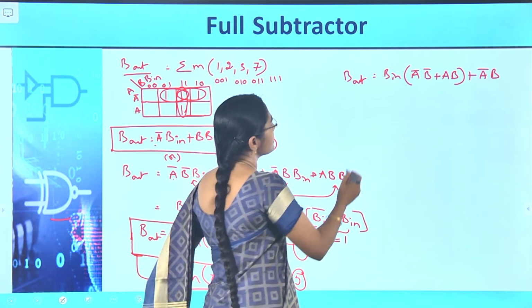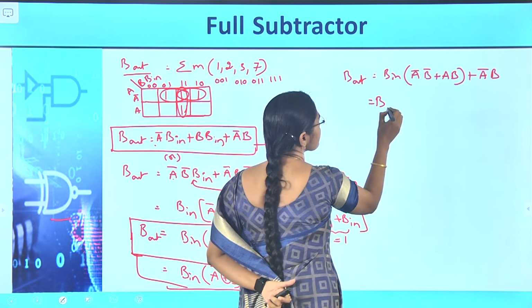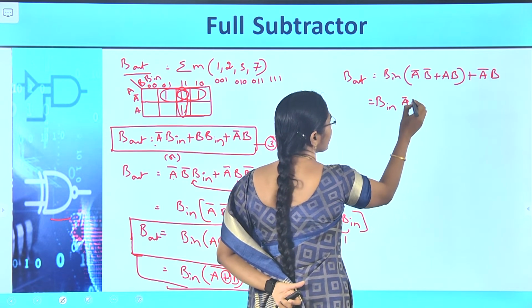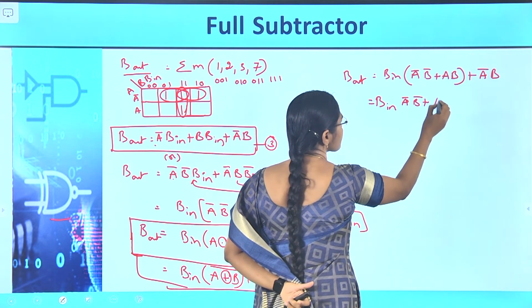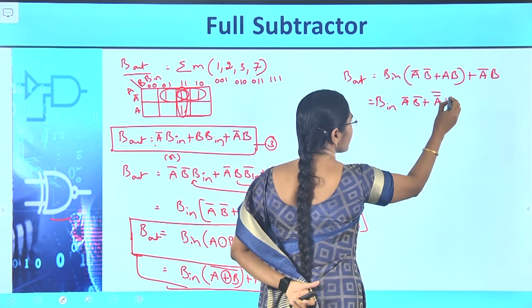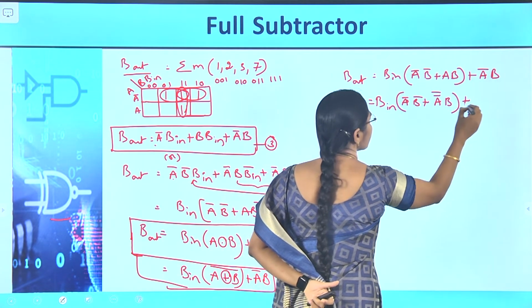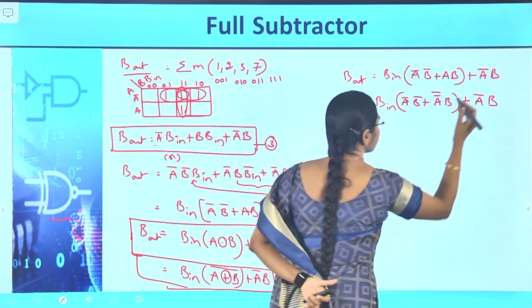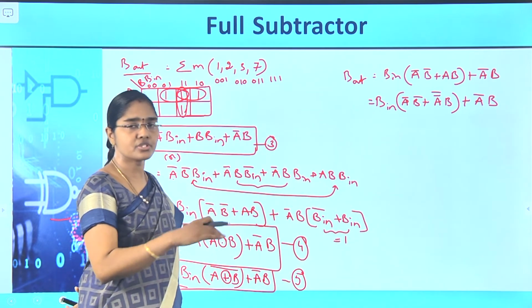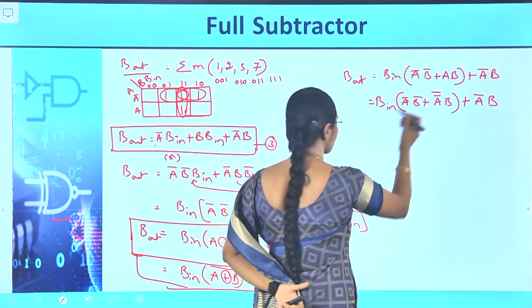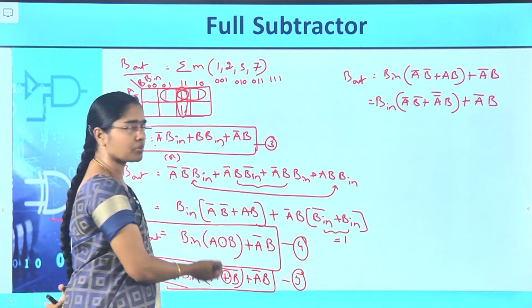Okay. See here, I can write this as B in A bar B bar plus A double bar into B plus A bar B, if I want to write the expression completely in XOR, not in terms of XNOR like equation 5 and equation 4.